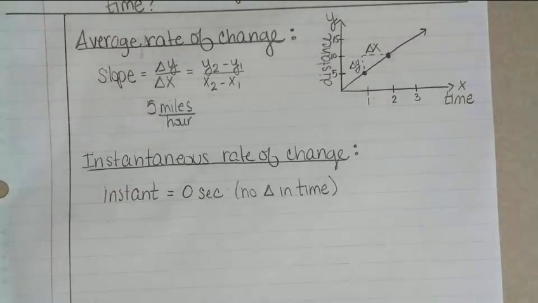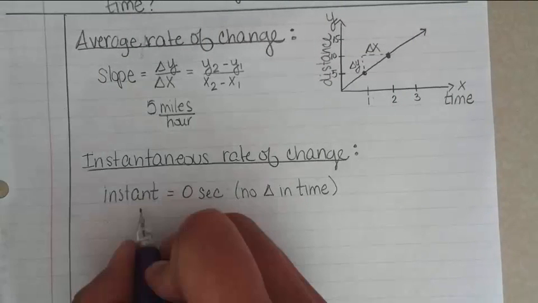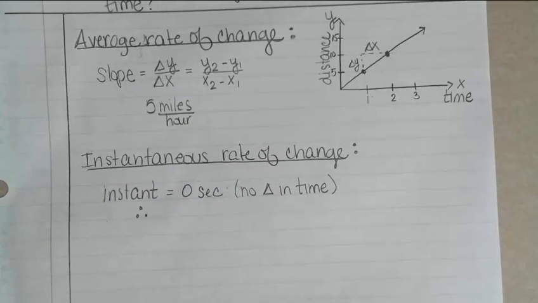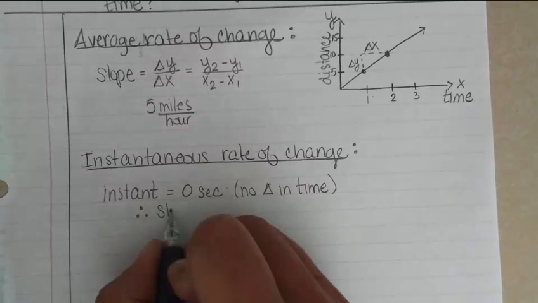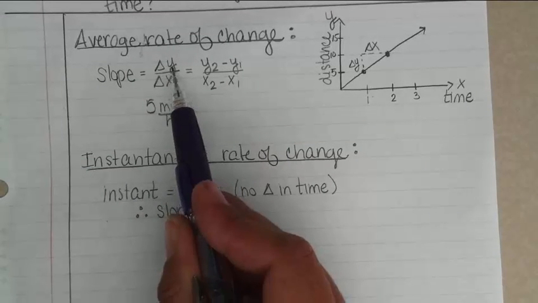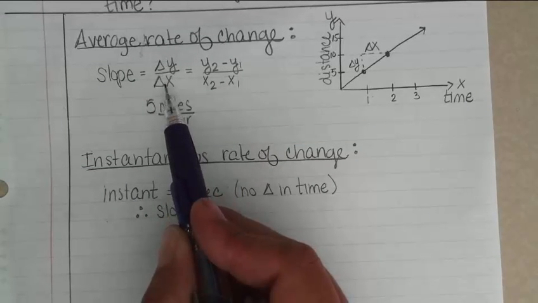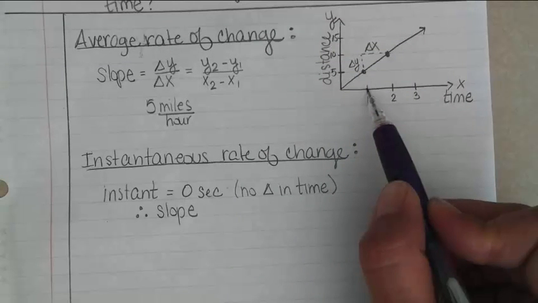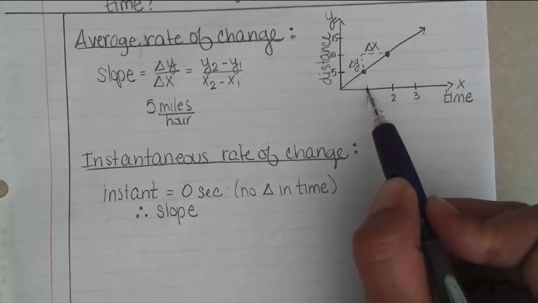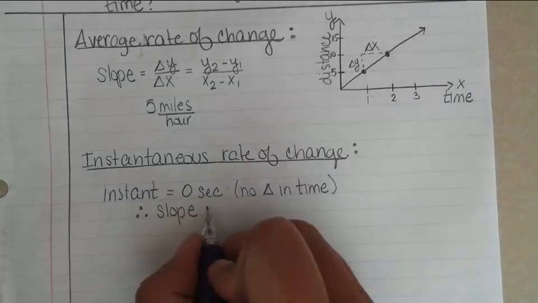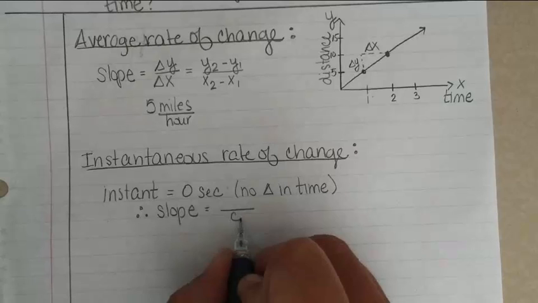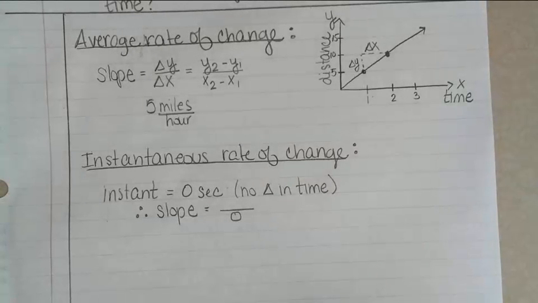well, let's think about our slope. So this means then, therefore, that my slope, if I tried to calculate it by change in y over change in x, well, at an instant, there is no change in x, right? I'm looking just at that moment in time. Okay, so I might have something on top, but I'm basically 0 on the bottom. There's a problem here.